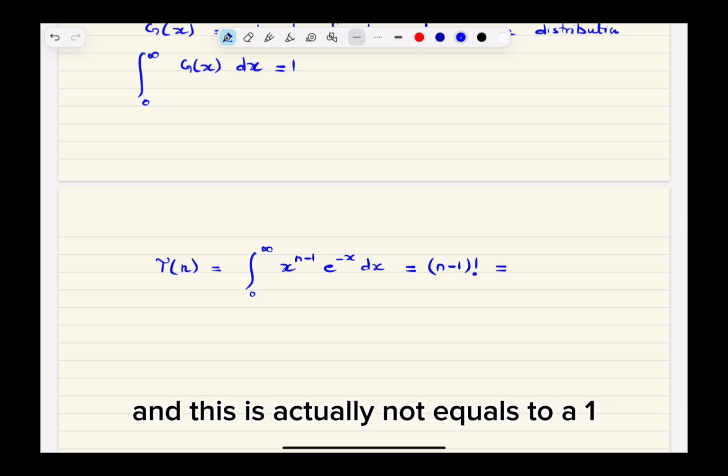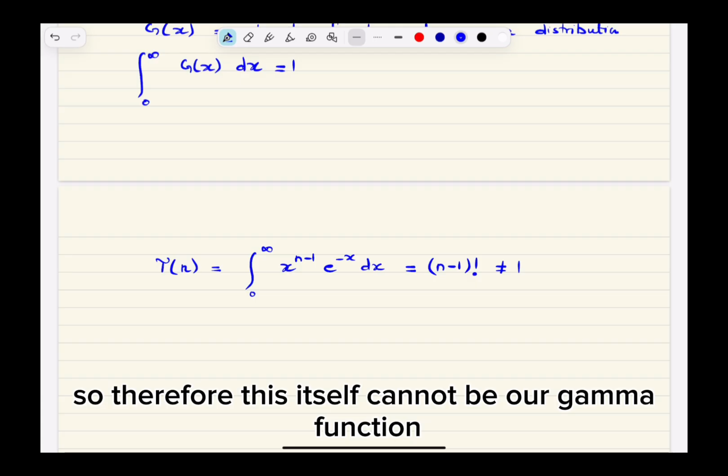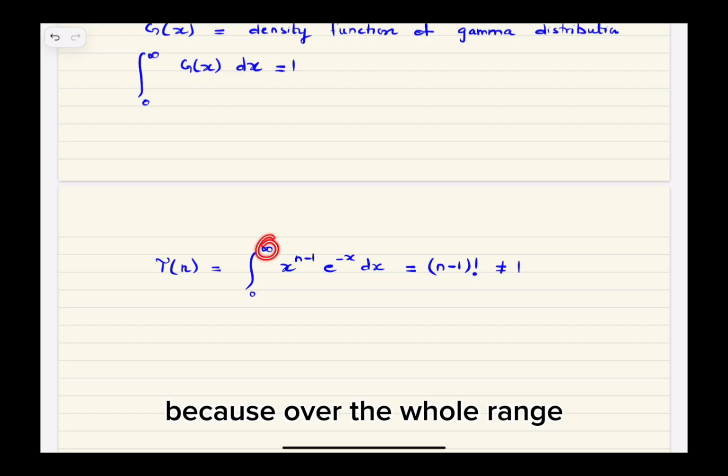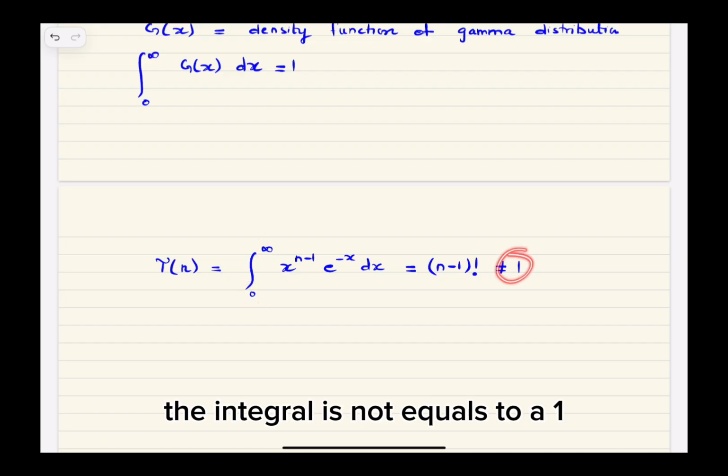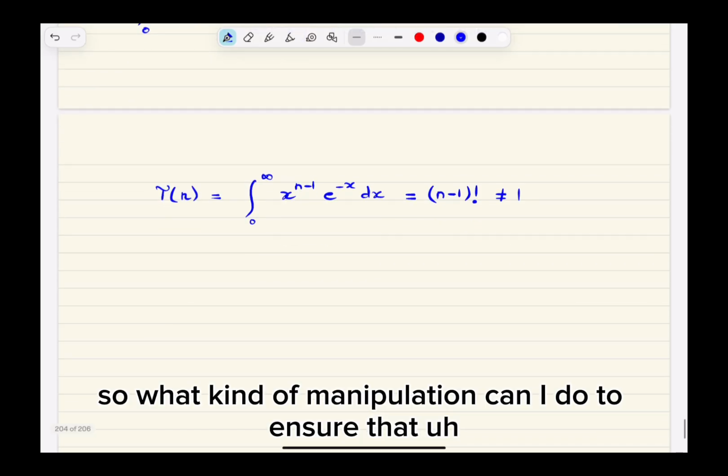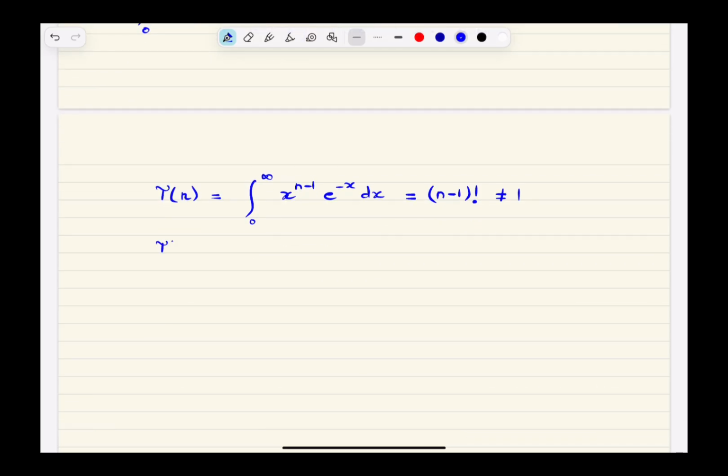And this is actually not equal to 1. So this itself cannot be our density function, because over the whole range the integral is not equal to 1. What manipulation can I do to ensure that the integral becomes 1?